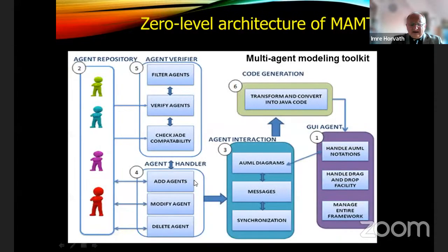So here is a very brief overview of the multi-agent modeling toolkit, which uses the previous opportunity. Unfortunately, the time is very advanced, so I cannot elaborate on the details, but I believe the image is self-explanatory.